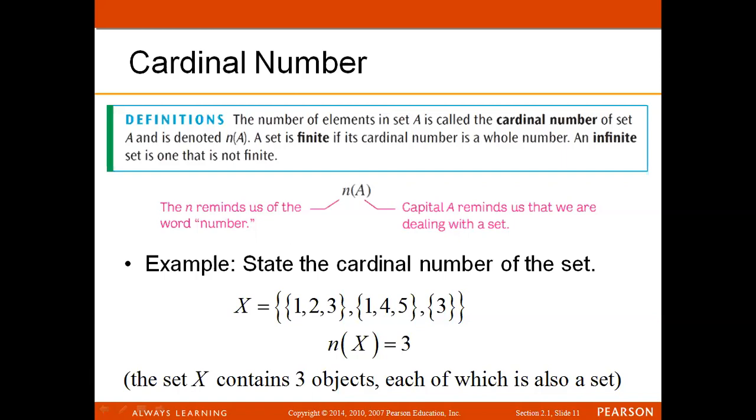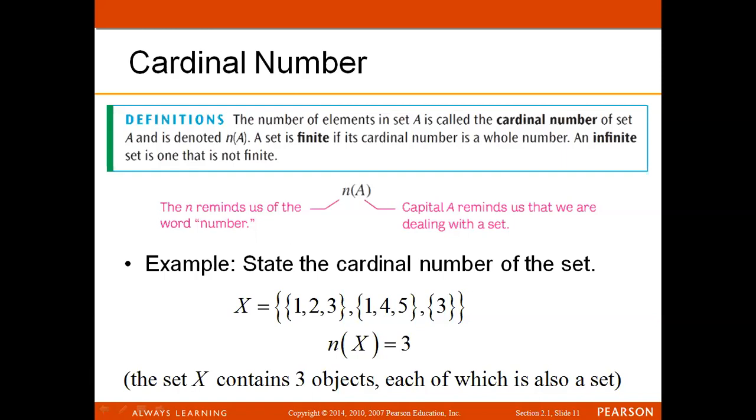The n reminds us of the word number. The capital A reminds us that we are dealing with a set. So when we see the notation n(A), we're reminded that it's the number of elements in the set A. Example, state the cardinal number of the set X, equal to the set whose first element is the set {1, 2, 3}, the second element is the set {1, 4, 5}, and the third element is the set {3}, a set containing 3.